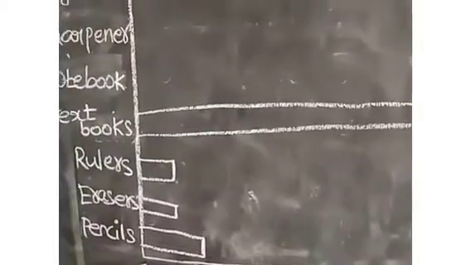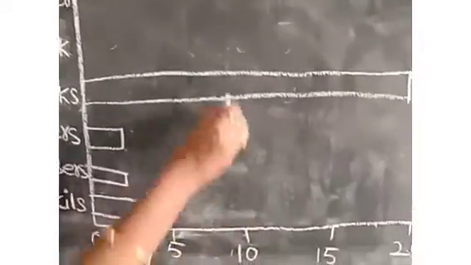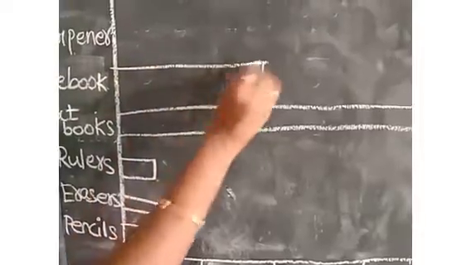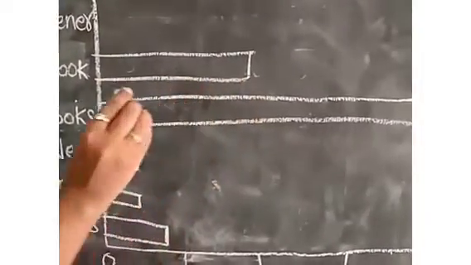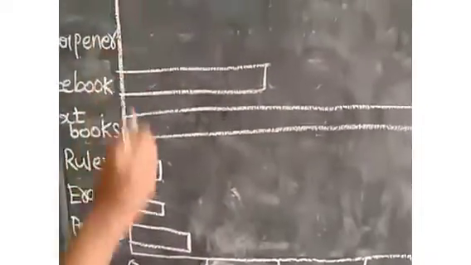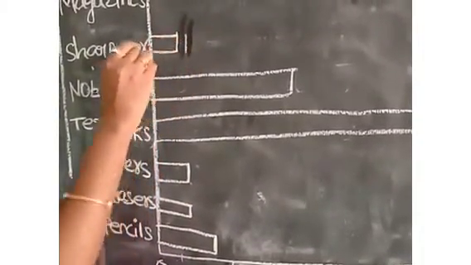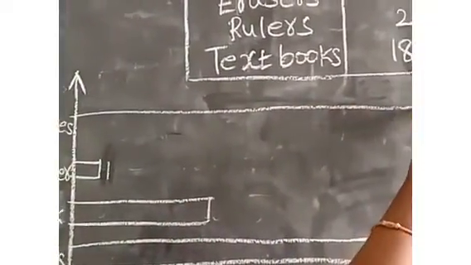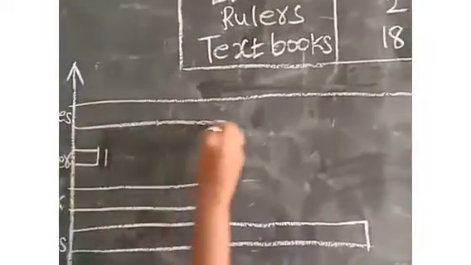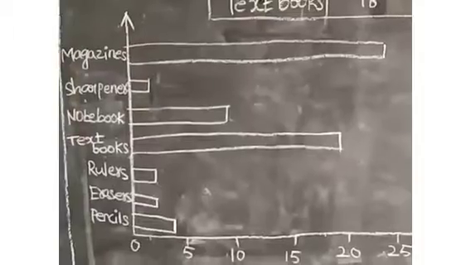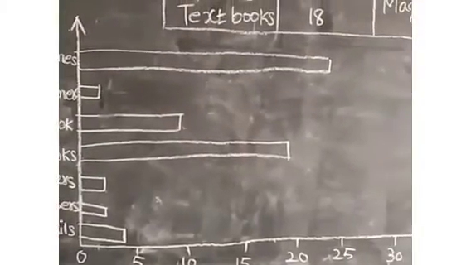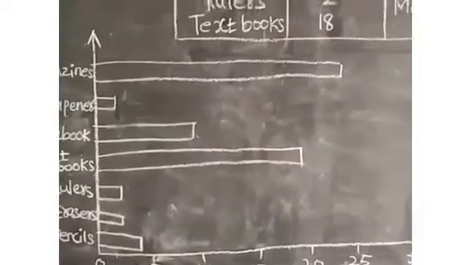Then notebooks 10. 10 is here. Then sharpener 1. 1 is here. Then for magazine 25. 25 is here. So we have drawn the bar graph for the data provided.